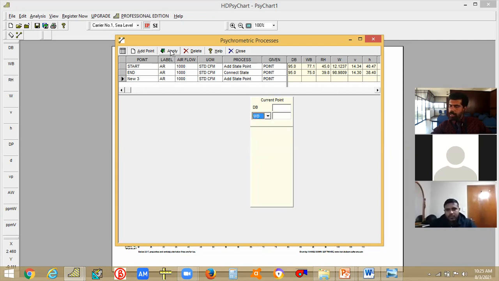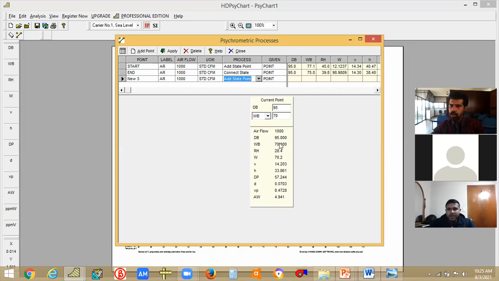Then give apply. Then again go to add point, give its value. If you want the process to connect it, you can just connect it. If you need to know the properties, directly you will be getting the answer here itself. You can choose from here also.